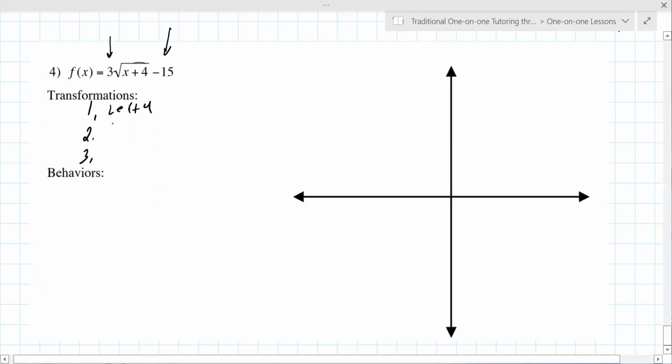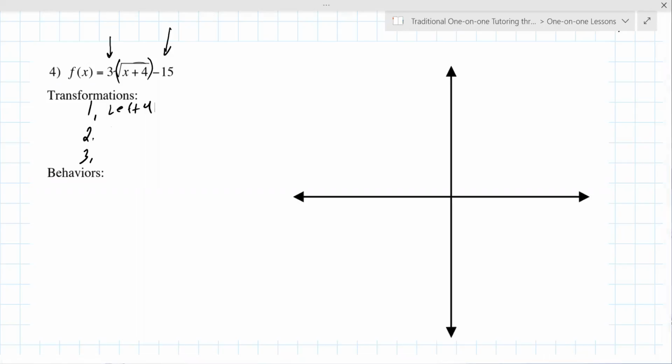So what is the 3? Is it a horizontal or vertical stretch? Keep in mind, it's kind of outside the parentheses now. Are you with me, Julia?